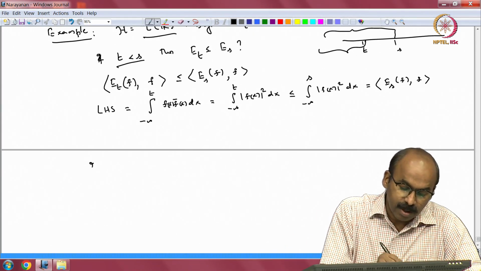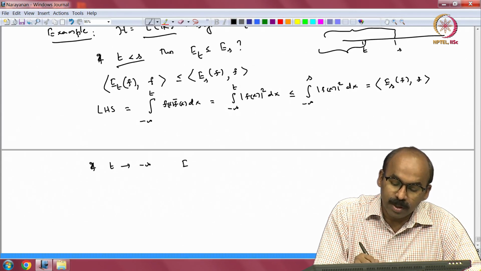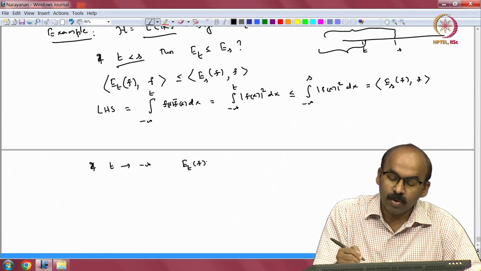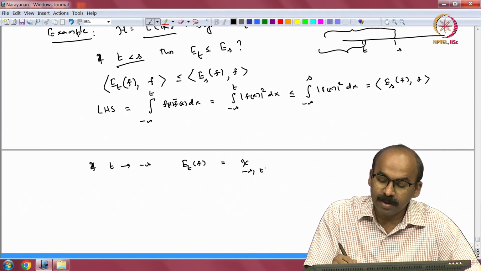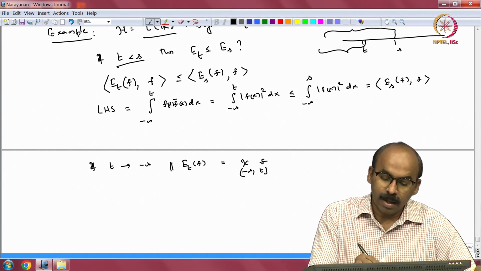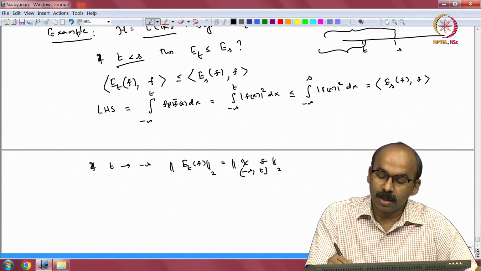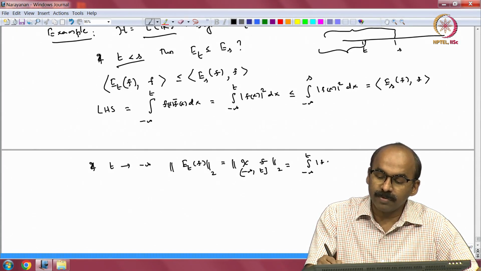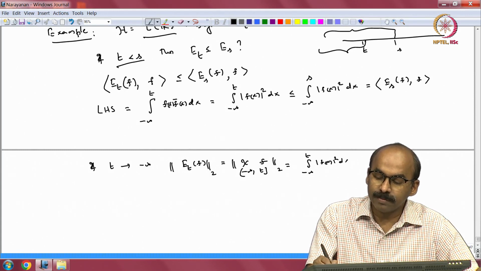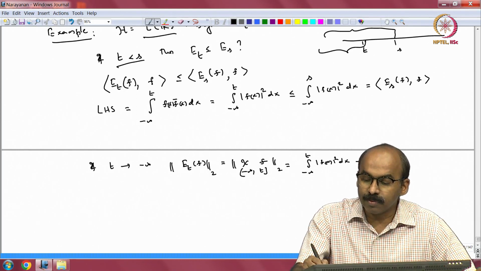If t goes to minus infinity, what happens to E_t f? E_t f is the indicator of minus infinity to t times f. The L2 norm of this, the Hilbert space norm, is the integral from minus infinity to t of |f|^2 dx, and as t goes to minus infinity, this will go to 0 by DCT.